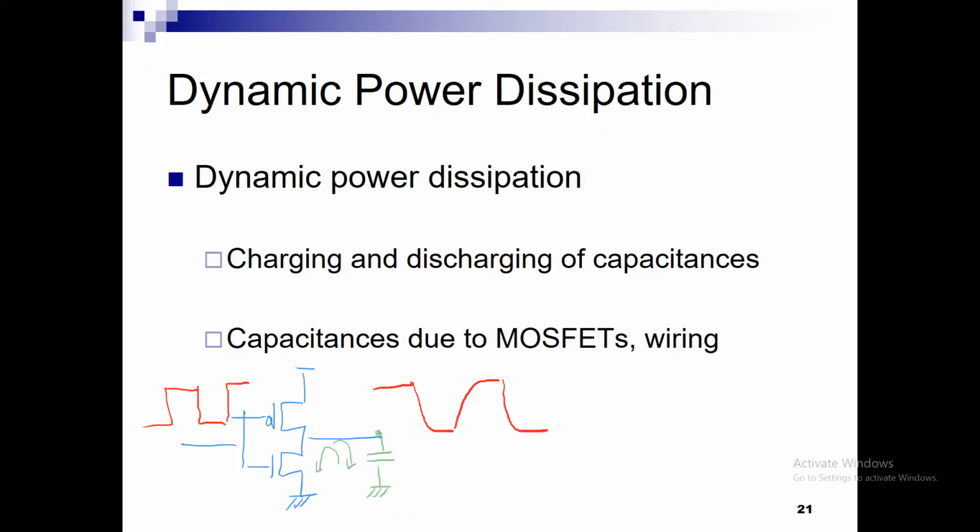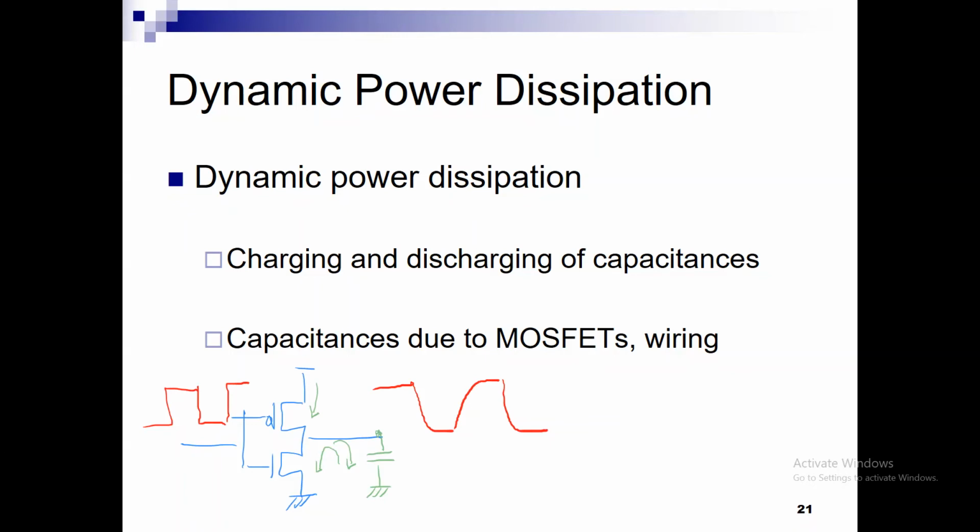So charging and discharging the capacitor will result in currents being drained from VDD, or in some energy being dissipated from VDD, and therefore in a power dissipation. And this power dissipation is a function of the frequency of charging and discharging the capacitor.